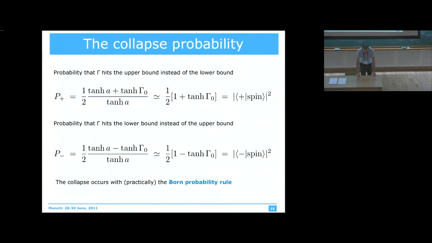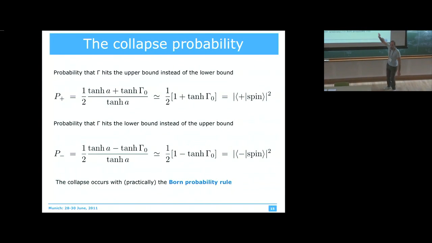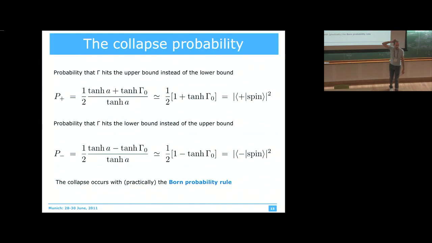But the equation tells you that because of the way the collapse occurs on the pointer, and because of the interaction, the interaction is the one that qualifies the measurement as a measurement. If you take another interaction, you wouldn't have a measurement. This is a measurement because of the von Neumann interaction, this idealized case. So because of the measurement interaction Hamiltonian, because of the rest of the dynamics, you recover the Born rule on the spin state.